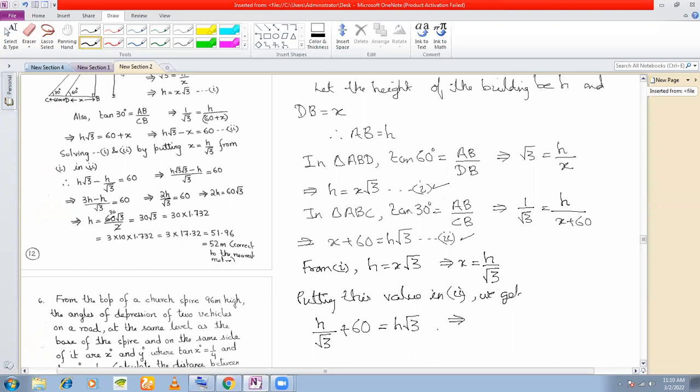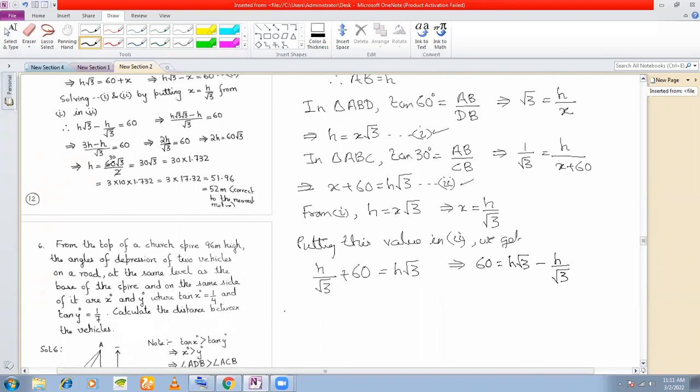Now we have eliminated x between 1 and 2. So we have an equation only in h because we want to find out h. This is a simple equation which we can solve. Let's keep 60 on the right hand side. We have 60 is equal to h root 3 minus h by root 3, right?